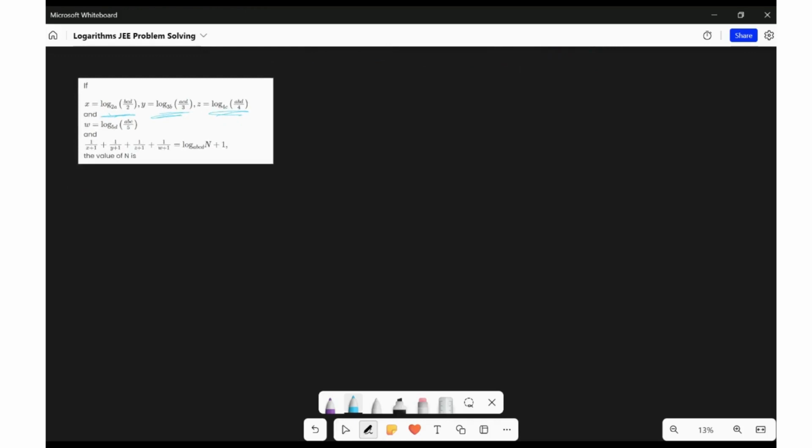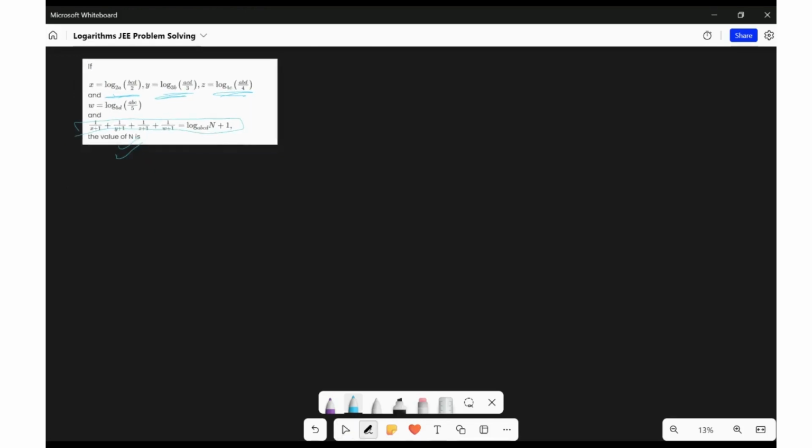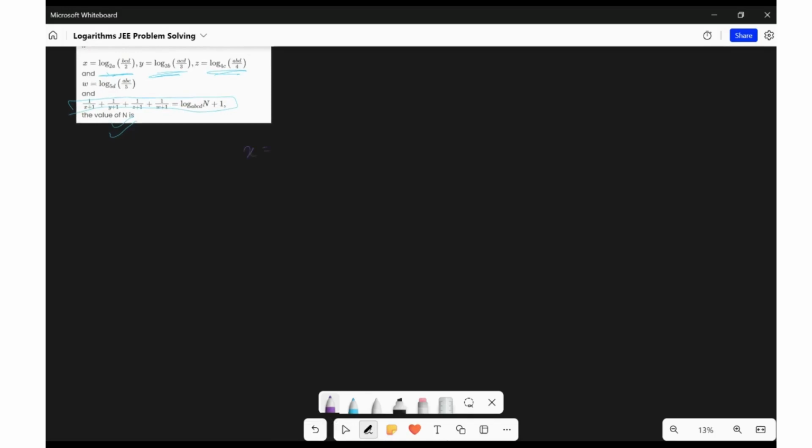Now we need to find the value of n, and we are given this expression which is true. So let's start with this. We'll first find the values of x plus 1, y plus 1, and so on. So here we have x as log BCD by 2 base 2a.